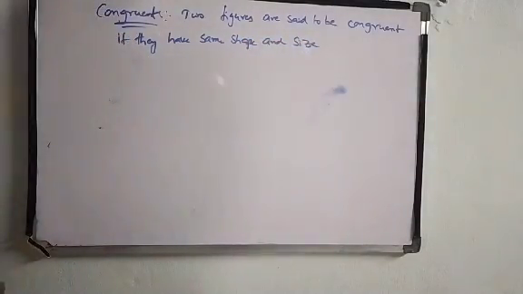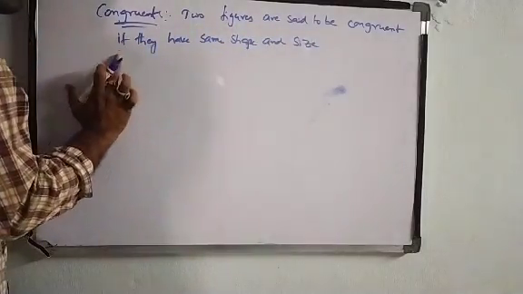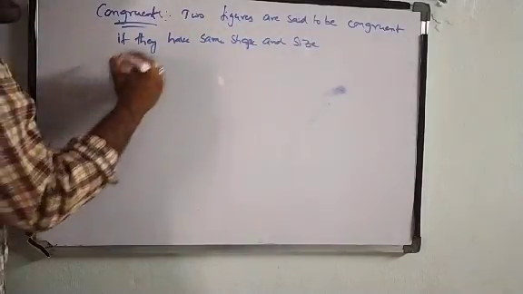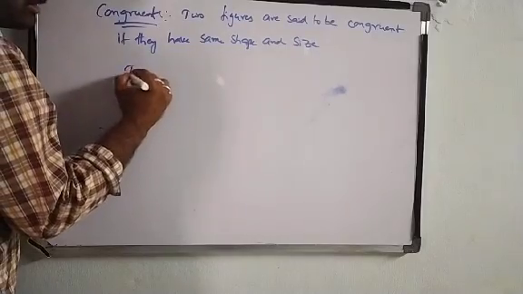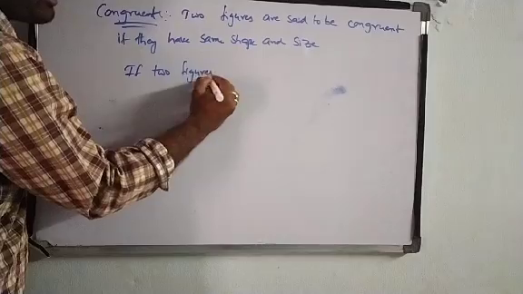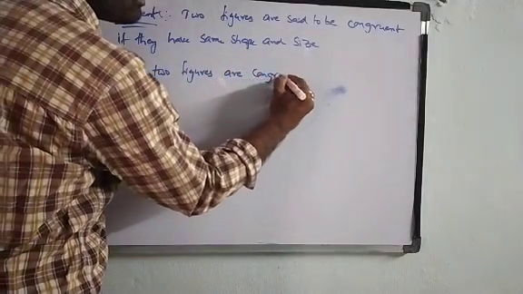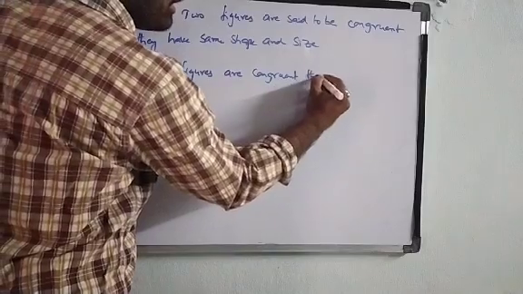So this is a triangle congruency, or it may be any congruency also. We can say that two figures are congruent if they have the same shape and same size. So in our scenario, if two figures are congruent, then their areas are equal.